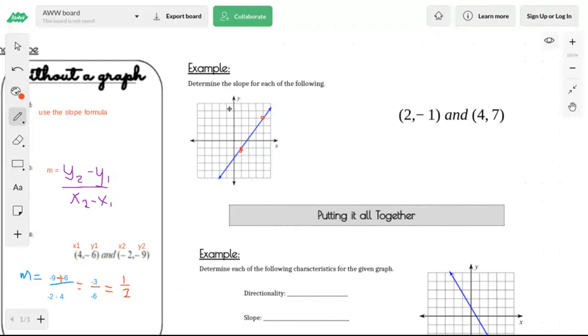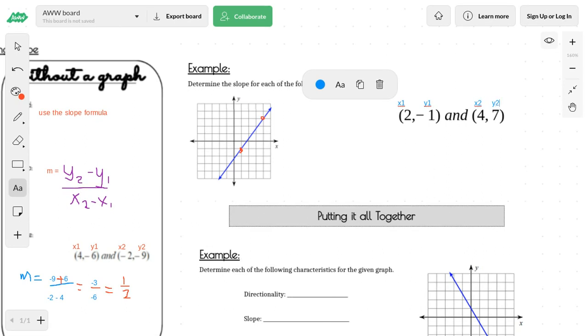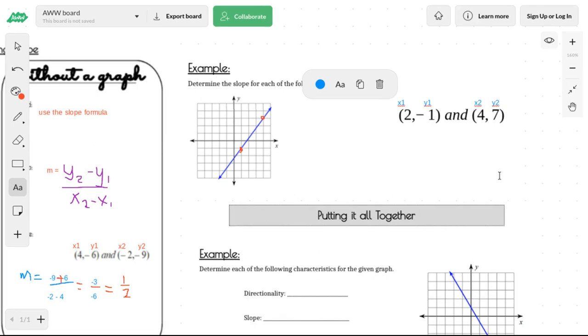And with the points, remember it's super helpful to label these right away. So I have x1 and y1, and then I have x2 and y2. And then I can plug them into my formula and simplify. If you try this problem, you should get an answer of 4 for your slope.